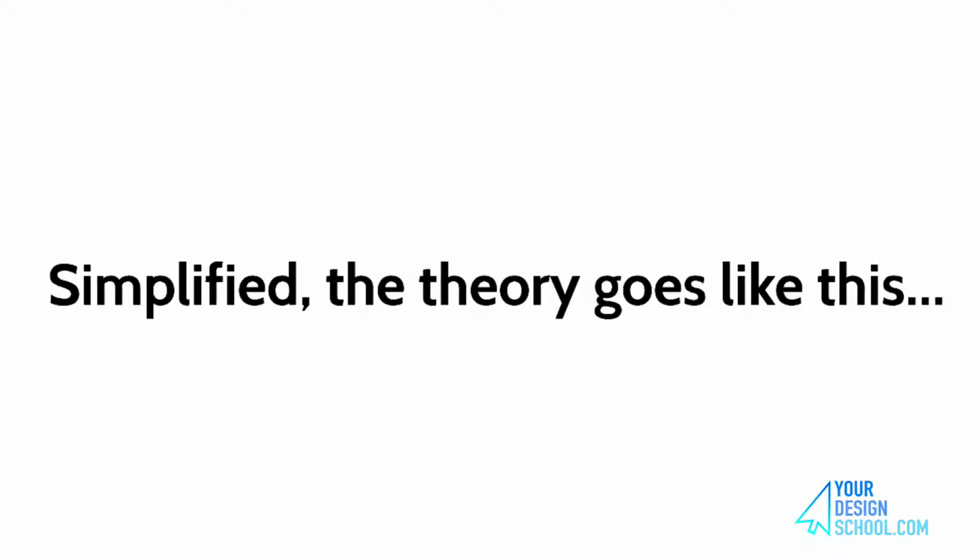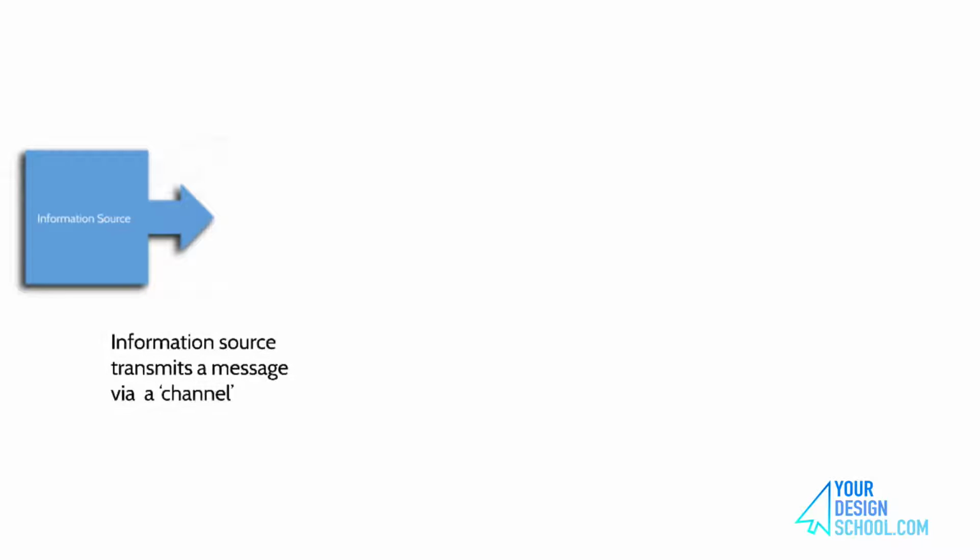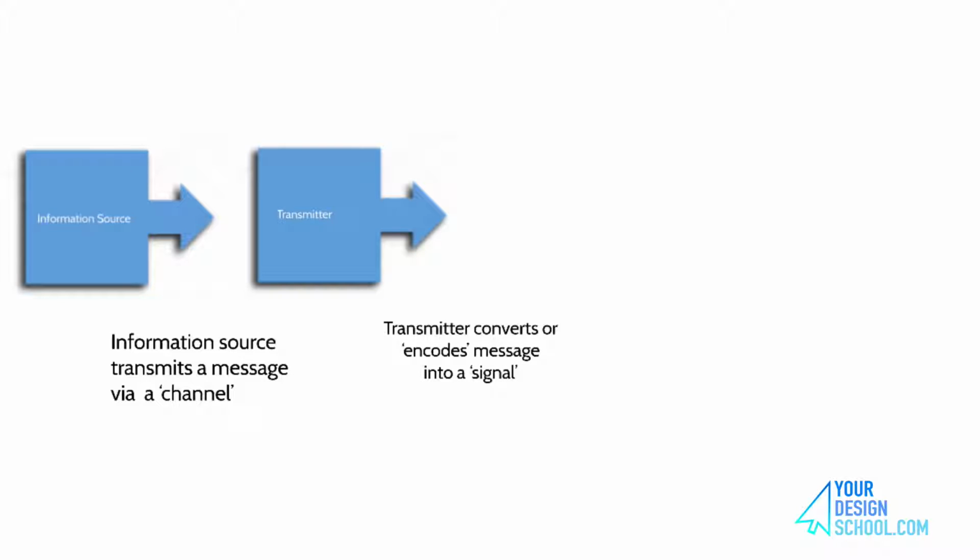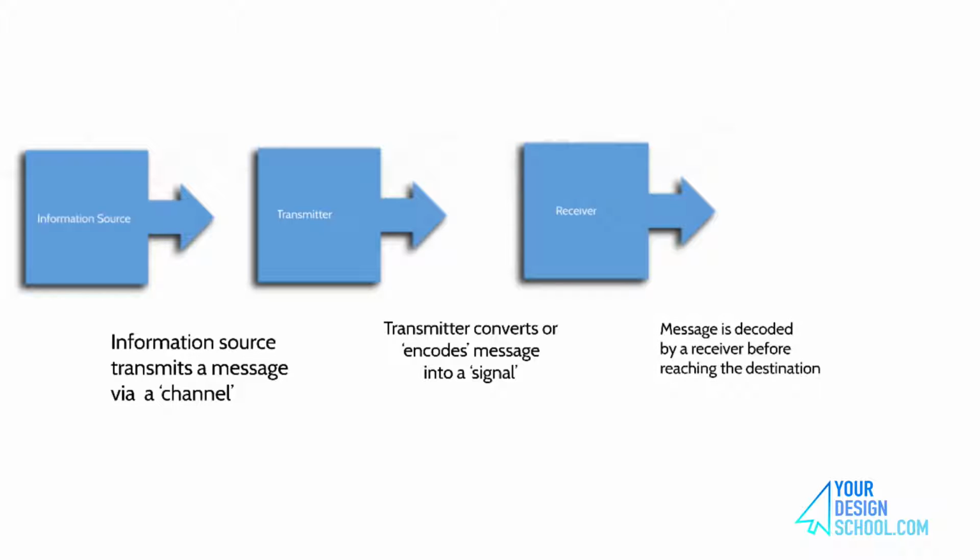So simplified, their theory goes something like this. You have an information source and that transmits a message via a channel. The transmitter converts that and encodes the message into a signal. It's received and decoded before reaching its destination. So you've got information source, transmitter, receiver, destination.